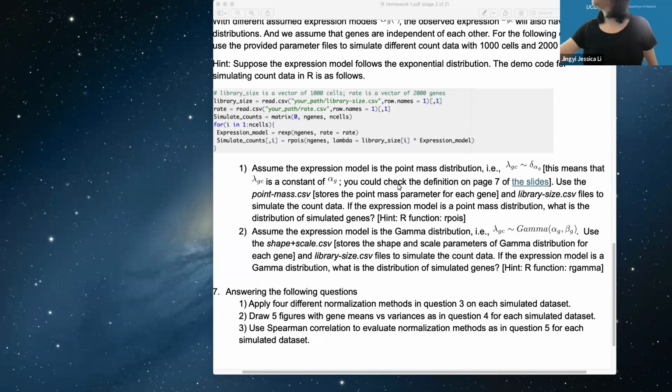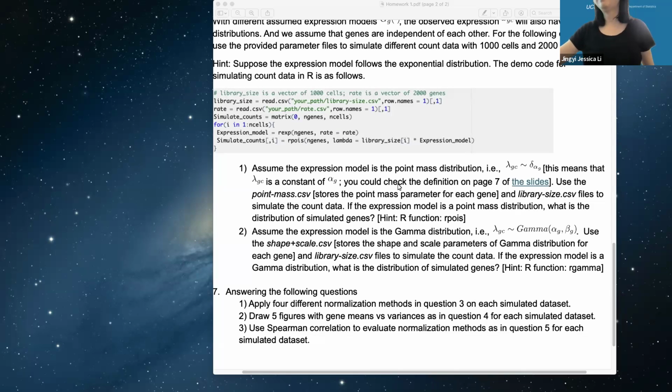And we also said that Poisson is an approximation for the multinomial distribution. I won't go into detail here, but because of that property, it's reasonable to assume the UMI count you measure for gene G in cell C follows a Poisson distribution. And that's the measurement model.